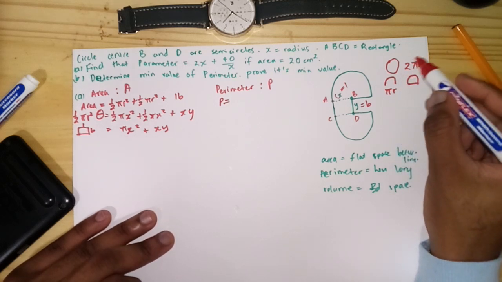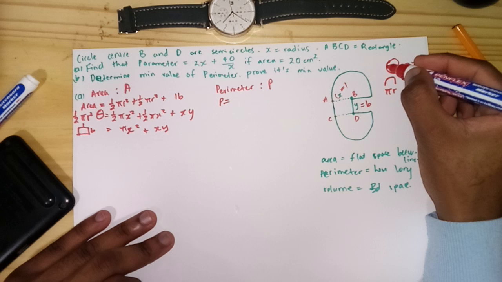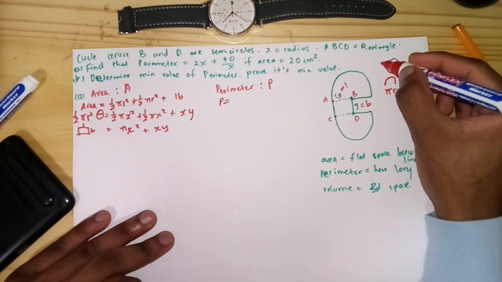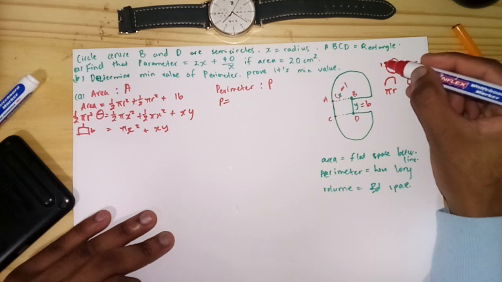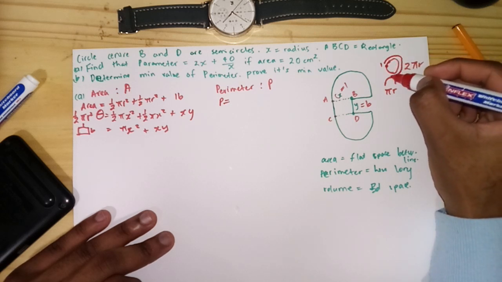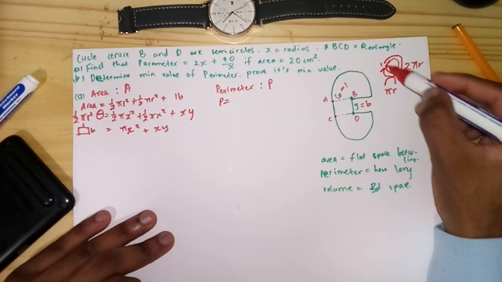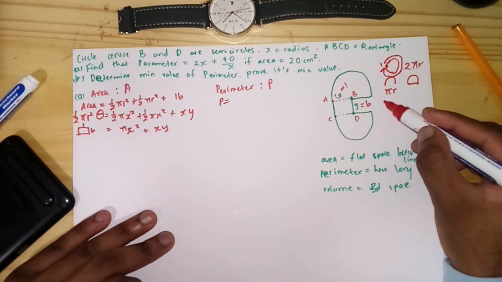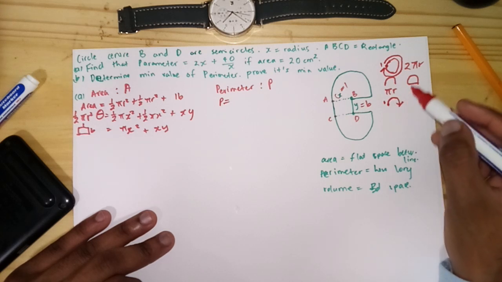If 2 pi r is going to be considering all of these lines, let's say starting from this point, let's say that this is the starting point. 2 pi r is going to be the length of this line from here to here. That means that if I cut this line, drawing from the starting point and ending over here, I've only drawn half of the line.